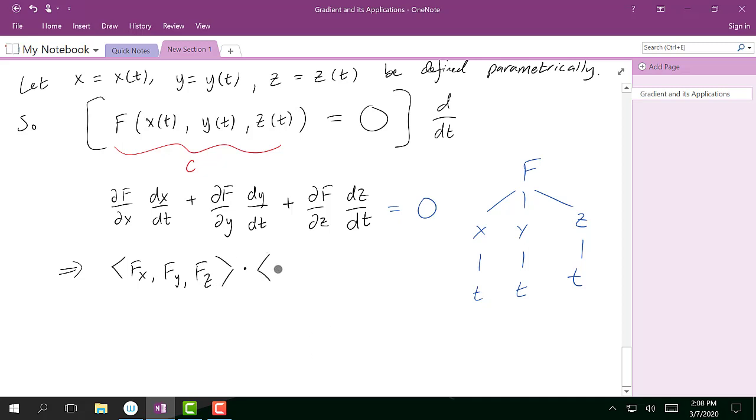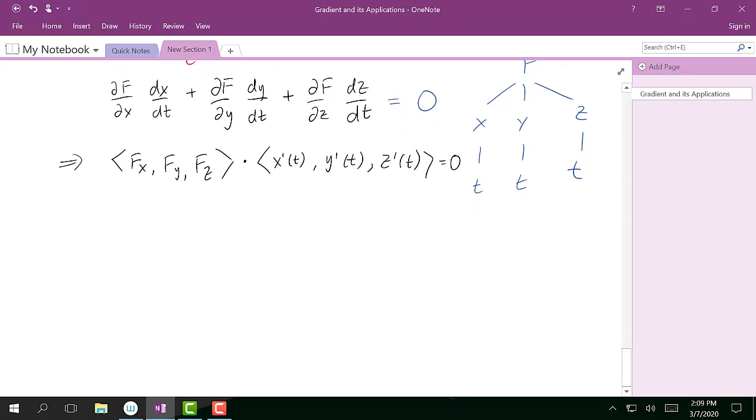Dotted with dx/dt, which is x prime of t, and in the next component, y prime of t, and then z prime of t equals 0. So what we have is a dot product of two vectors giving me 0. So what I know from this is that I have the gradient of F dotted with r prime of t is equal to 0.